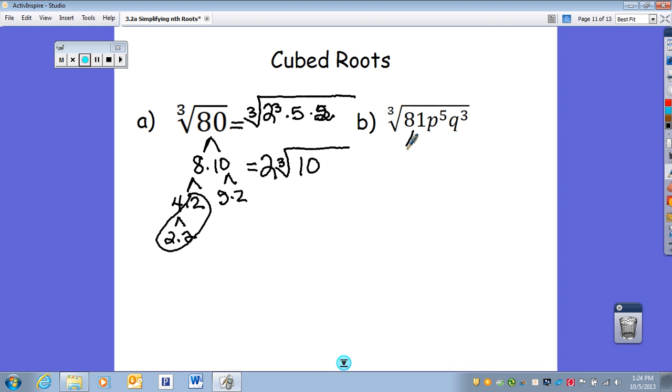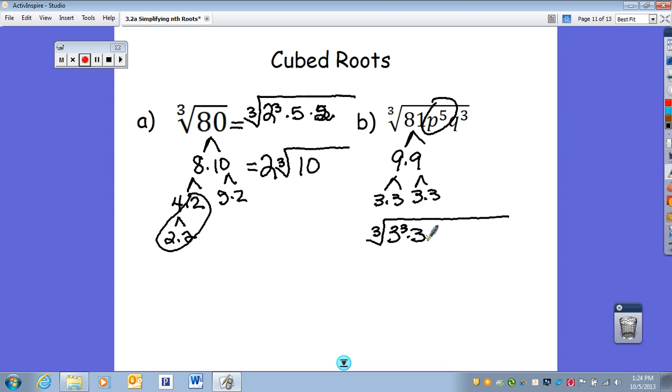Let's do this one. We have 81, so we're going to break that down into 9 times 9, and 3 times 3 for each of those. Now we're going to rewrite our radical as the cube root, and we're going to write underneath everything in triples. So we have 3 3's, that's going to be 3 cubed, and then we have a 3 by itself. I want to rewrite my p's in groups of 3.